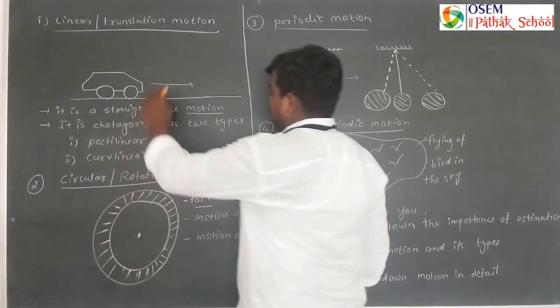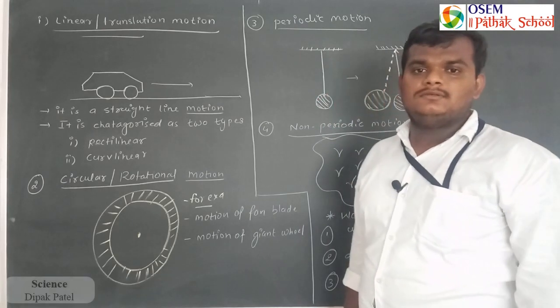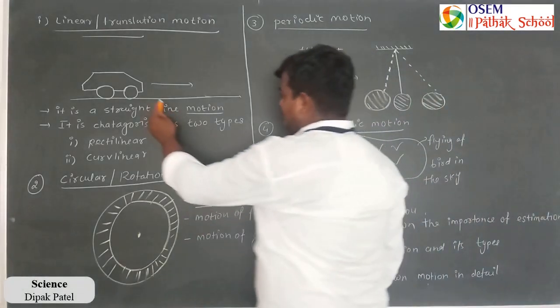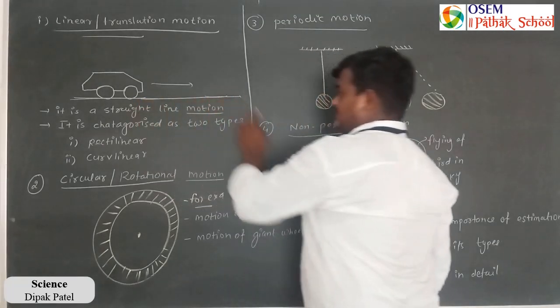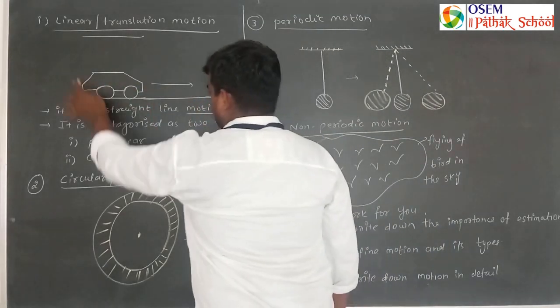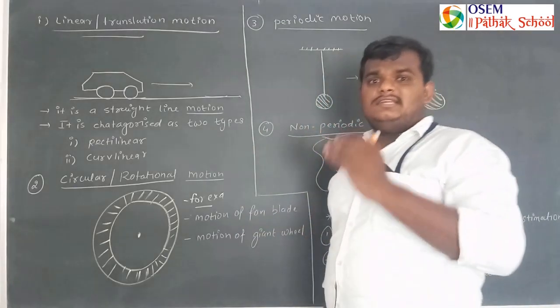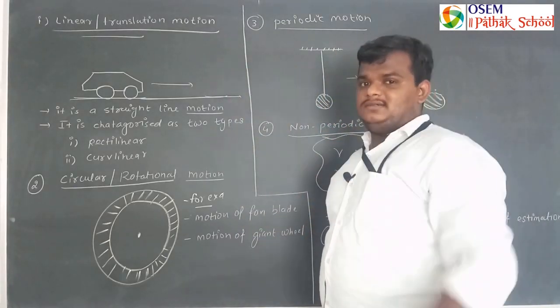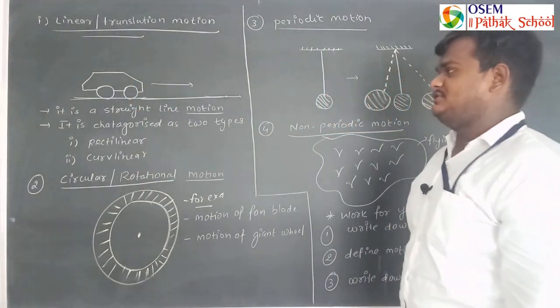Now the first one is linear or translation motion. Suppose a car is moving on a straight road. This type of motion, which occurs on a linear path, is known as linear or translation motion.